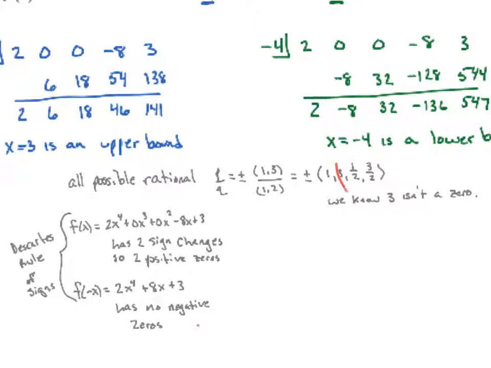I know there are no negative real zeros, so I can eliminate the negative ideas. And I've just taken from 8 down to 3 different possible zeros that I have to check. If I can eliminate 8 down to 3, I'm much more willing to check the synthetic division on 1, 1/2, and 3/2 to see what's going on for this particular function.